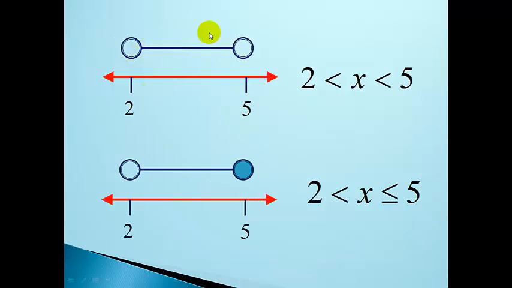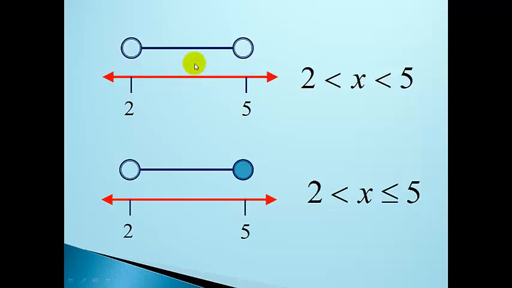Now, considering the number line, we have 2 and 5 to be the endpoints. Now, the inequality is x is greater than 2. Values of x greater than 2 are on the right of 2, that is from the left to the right. And the same x is less than 5, and values of x less than 5 are on the left of 5.